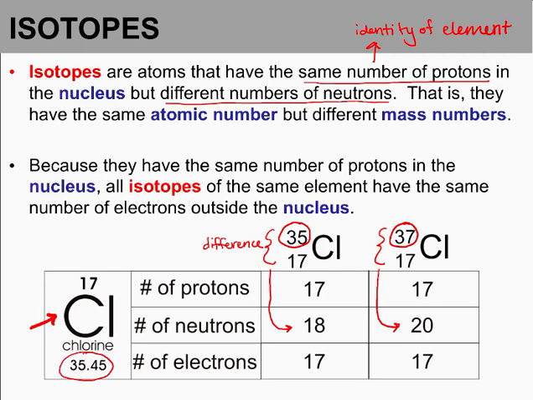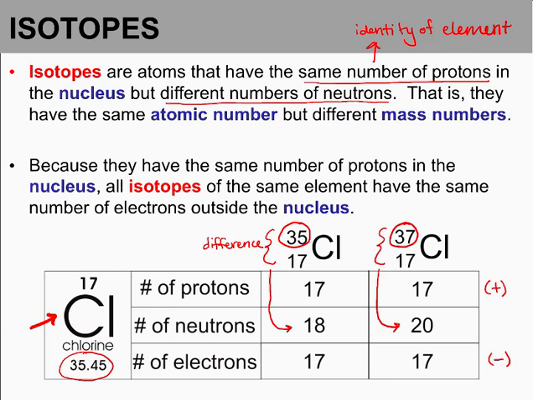So previously we said that protons are positively charged and electrons are negatively charged. And all of these isotopes or atoms that we're looking at are electrically neutral. So that means that we need to have the same number of electrons as protons. Or another way of saying that is we need the same number of positive charges and negative charges.